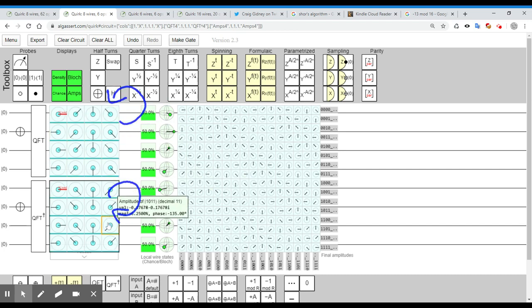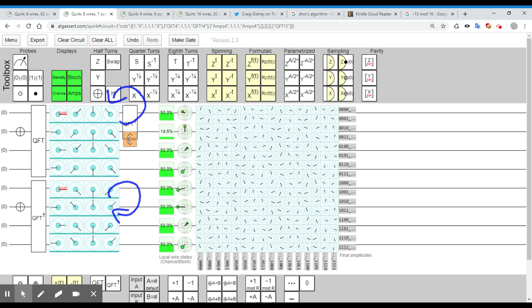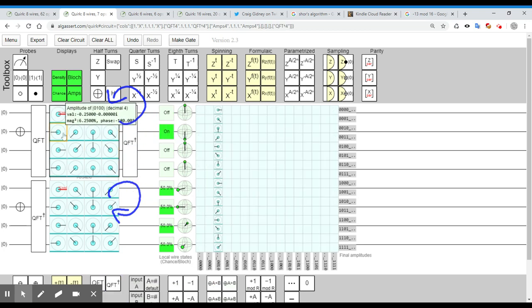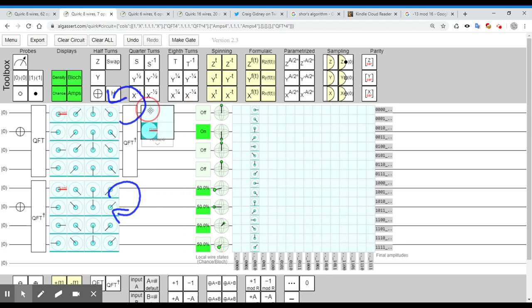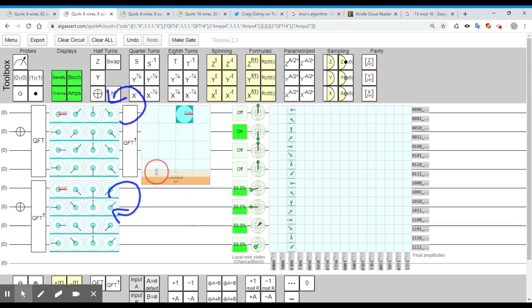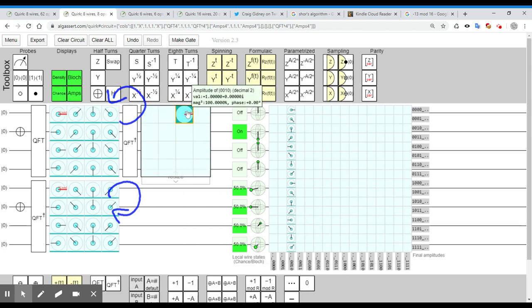If now I apply a QFT intuitively, it should wind the thing clockwise and end up with a 3. Yeah, with a 2, sorry, all the time here is a 2.